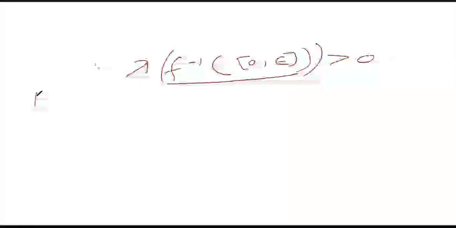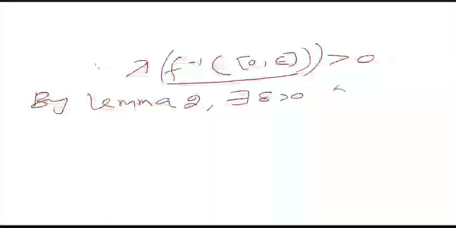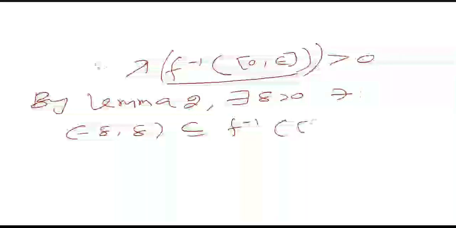So by Lemma 2, or you can say by Stein's theorem, there is a positive delta such that minus delta to plus delta is a subset of f inverse of 0 to epsilon minus f inverse of 0 to epsilon.